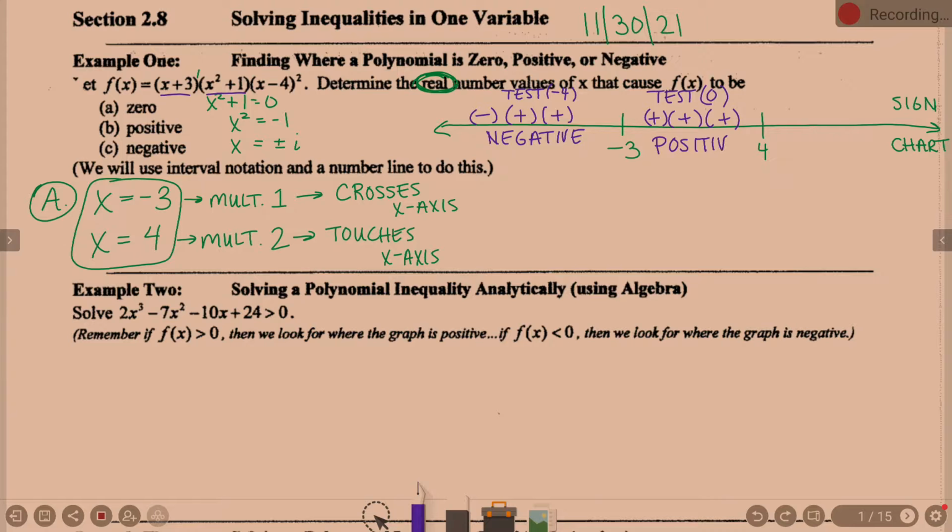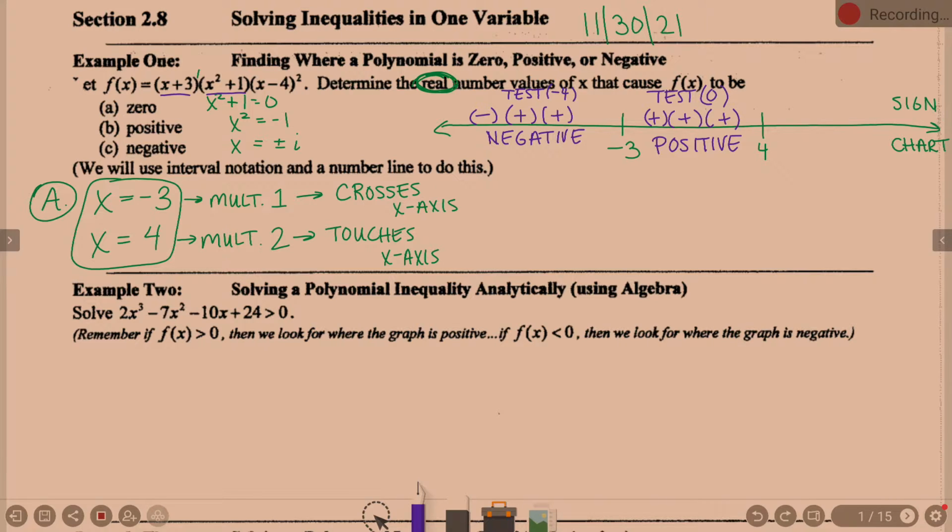So this section of the graph between negative 3 and 4 is positive. Means my graph is above the x-axis here. What if you would have gotten 0? You wouldn't get 0. The only way you would get 0 is if you plugged in negative 3 or 4. And we're not allowed to use those boundary numbers.